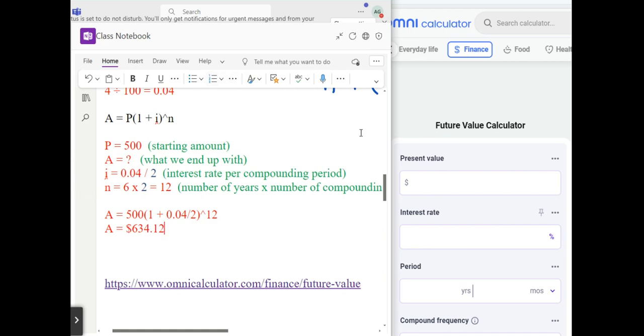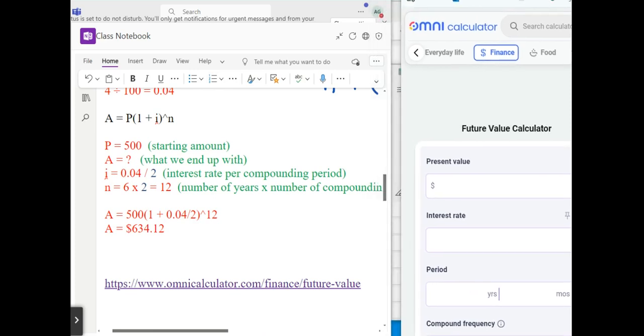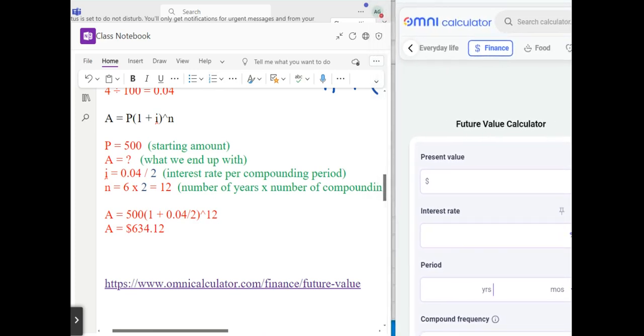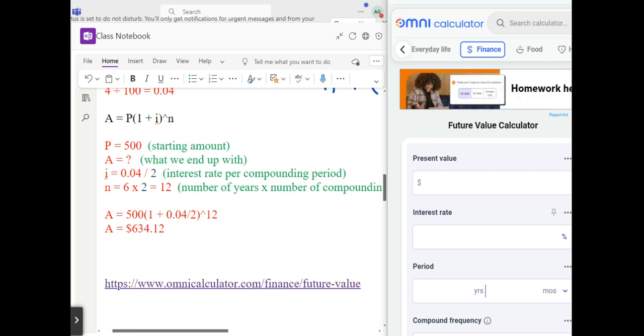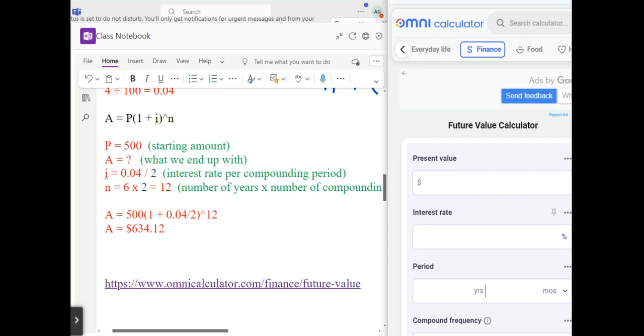Now, if you are having troubles, what you can do instead, and you see now I've actually split my screen in two, is there is a calculator that'll do this for you. It's just that you have to be a little bit more careful with it. So if you click on this, you will be brought over to this future value, something called OMNI calculator. And what you can do is actually do the same thing.